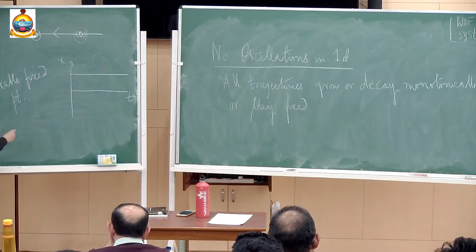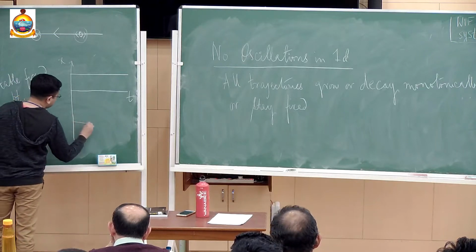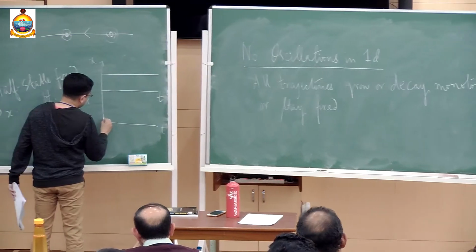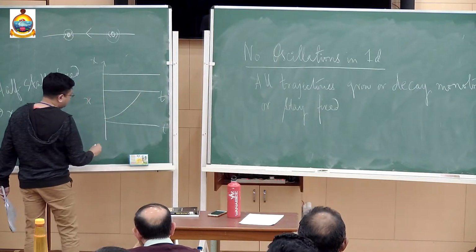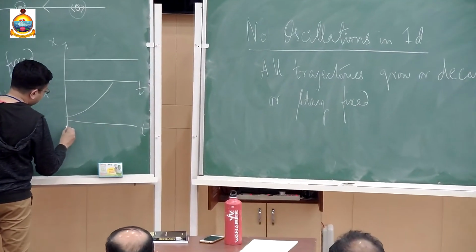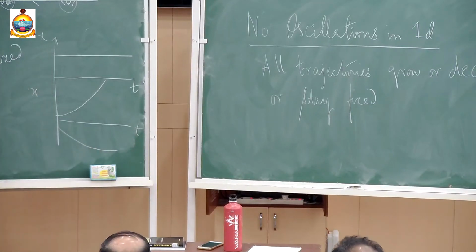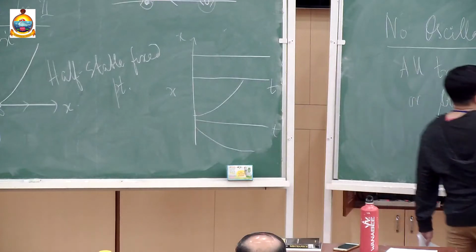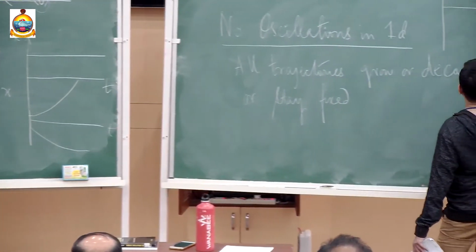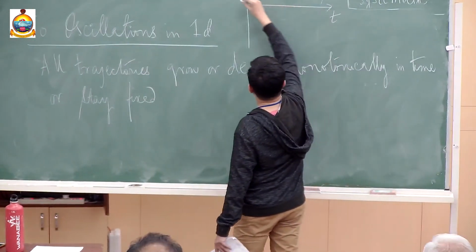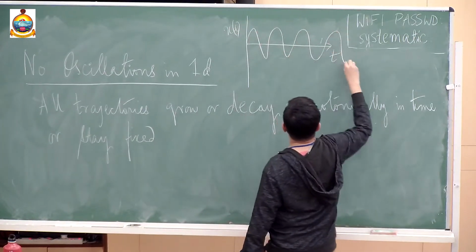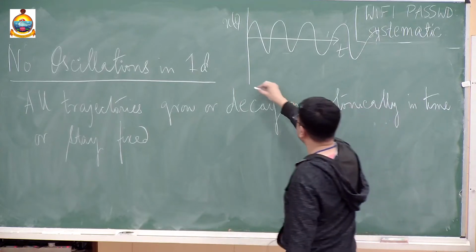You may have such a situation, or you may have a situation where x as a function of t, you start from some initial value and it grows, or you start from some initial value and it decays. These are possible solutions, but what do I mean by oscillations in 1D? What I mean is the following: you cannot have a situation like this, not even damped oscillations.